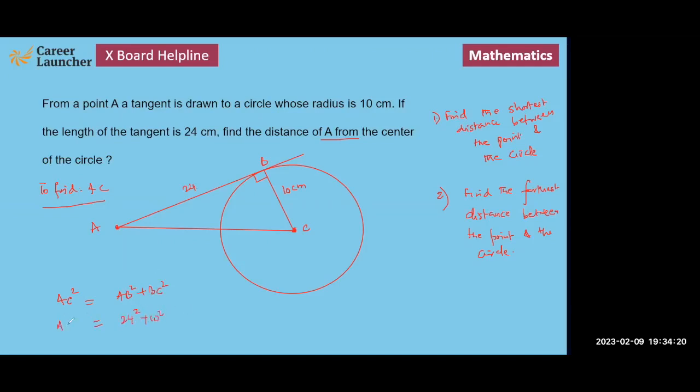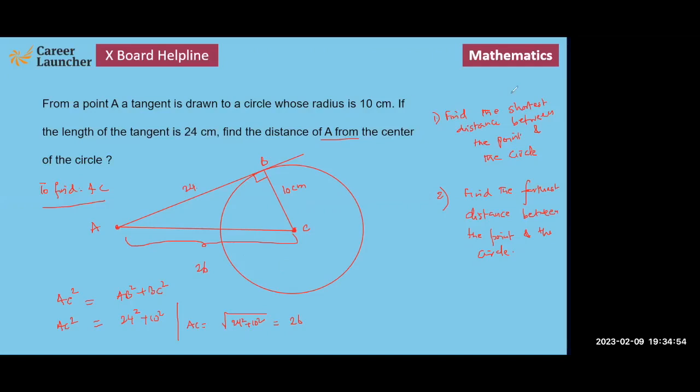So AC is equal to root of 24 squared plus 10 squared. So that will be equal to 26. Right? 576 plus 100, 676 का जो root है, that is equal to 26. So AC का value जो है 26 है. And then दो और questions मैंने जो add किया है, उसका क्या है?